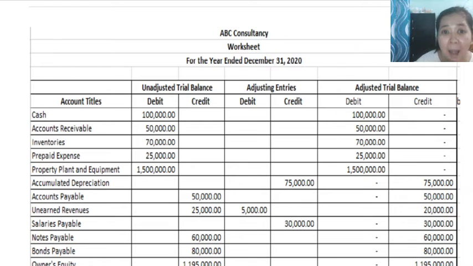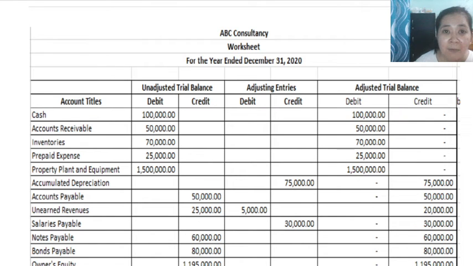So that's how we prepare adjusted amounts. Going back to our unearned revenues, in our unadjusted trial balance we have 25,000 credit, and in our adjusting entry we have 5,000 debit.